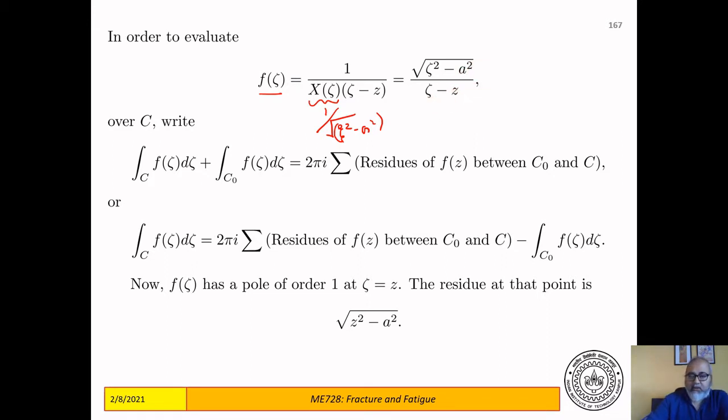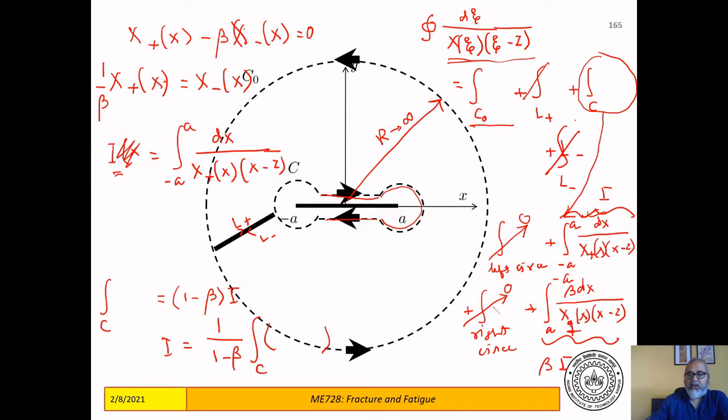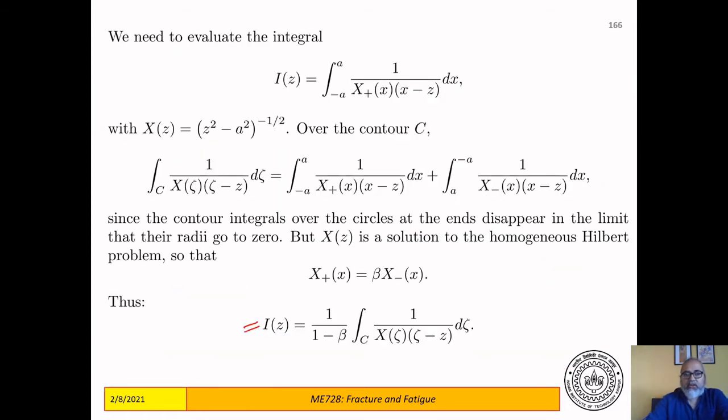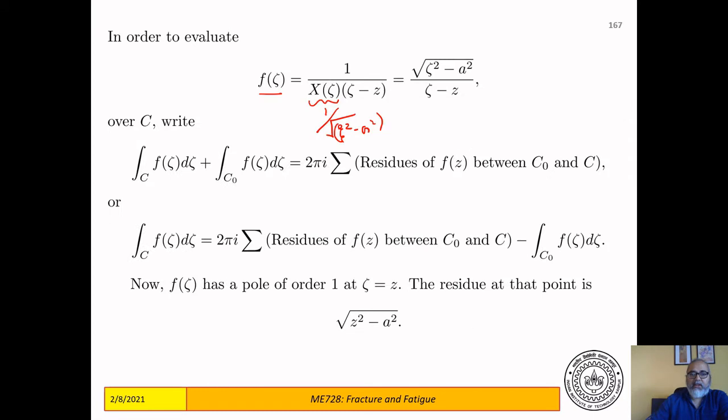So the total contour integral now, these parts having cancelled out, is the integral over C naught and the integral over C. We have already seen the integral over C is 1 minus beta times the integral that we want to evaluate. So the integral over C is known.